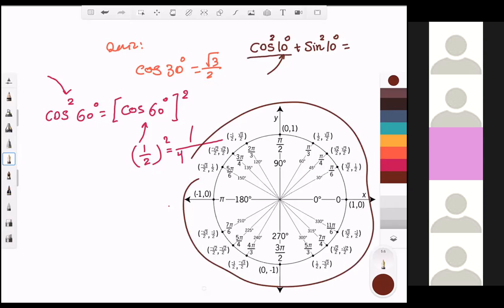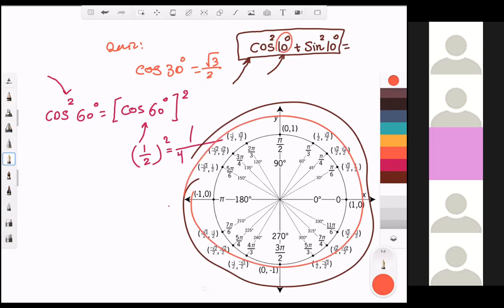We don't want to use a calculator, because I'm sure if Elizabeth typed this in the calculator, she's not going to get 1. I'm pretty sure. So for a question like this, where they ask you for exact, but the angle inside is not listed on the unit circle, that means you need to apply some of the identities. We just learned that cosine squared of theta plus sine squared of theta is 1. So if this is theta, that's theta, and the sum of squares is 1. So it's 1. Very good.